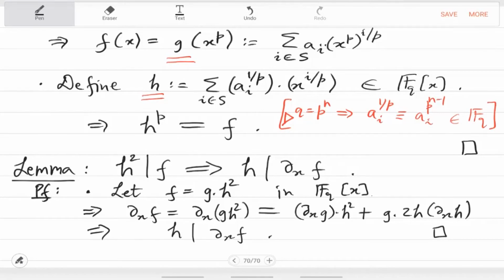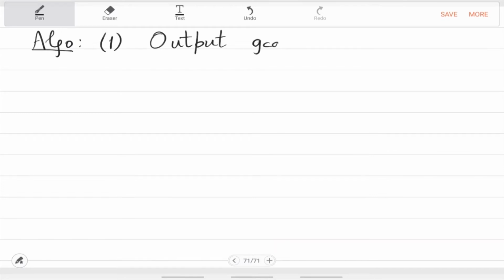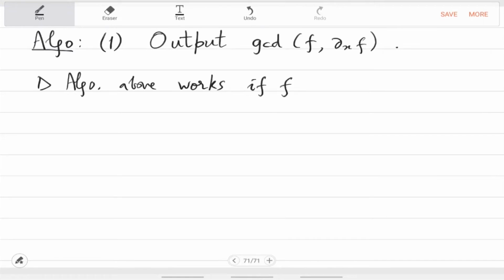Okay. So now we can assume square freeness because you can use this algorithm, a one-step algorithm, which outputs the GCD of f with the derivative. So this algorithm works if f is squareful.